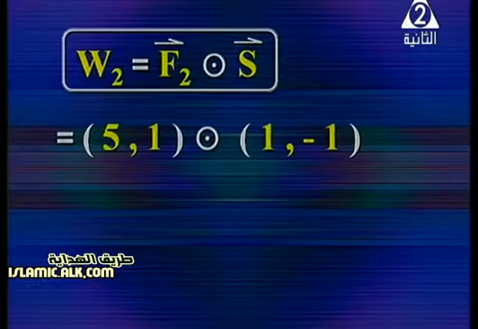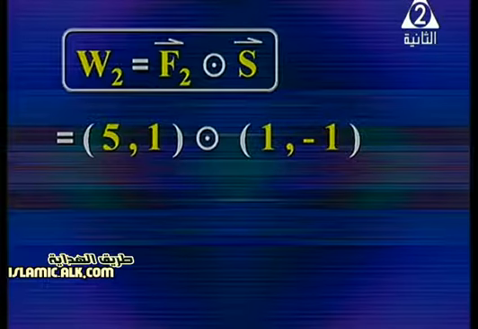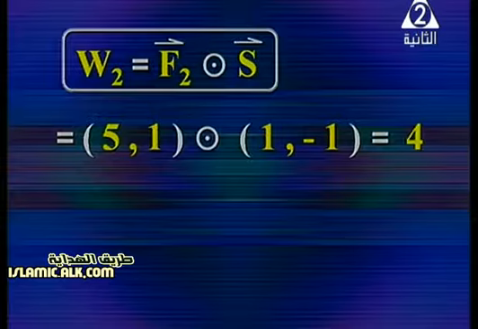F2 dot S. By the same method, we find the scalar product of vector F2 and the displacement vector. F2 is the ordered pair (5, 1), and displacement S has coordinates (1, -1). Then 5 times 1 plus 1 times negative 1 equals 4.